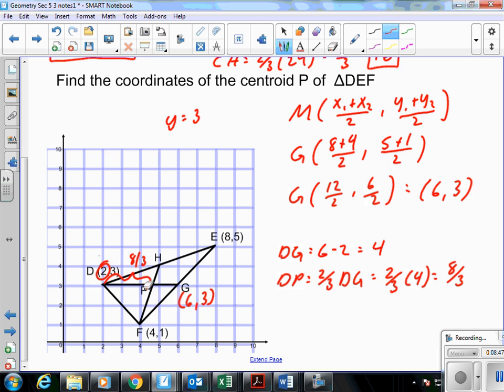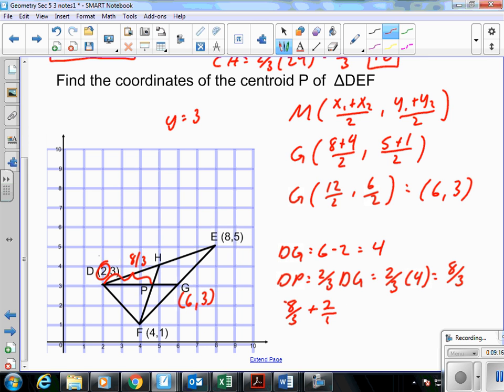So to find the actual x coordinate of P, we're going to have to take the 8/3 here and add it to 2, which when we're adding it to 2, we got to have a common denominator.